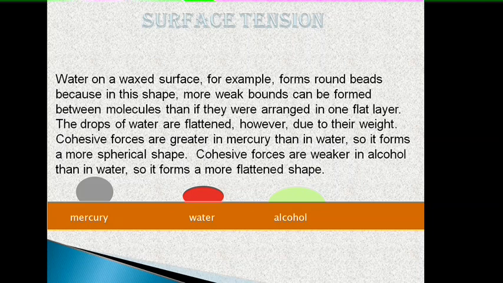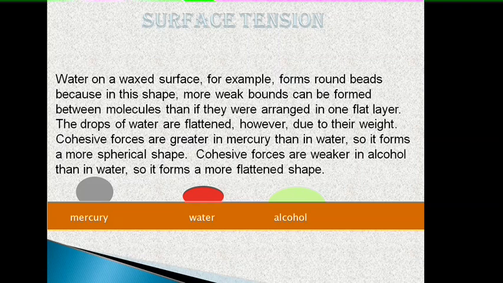A very good example is shown in this figure. It can be observed very well. The drops of water are flattened, however, due to the weight. Cohesive forces are greater in mercury than in water, so it forms a more spherical shape.